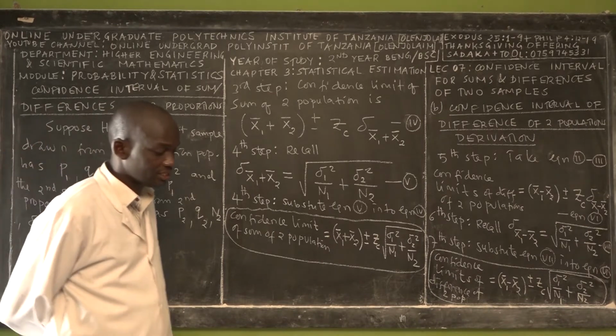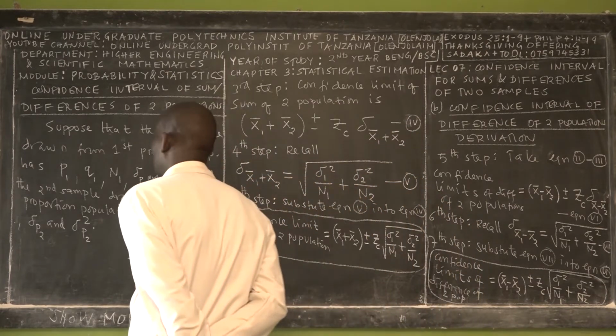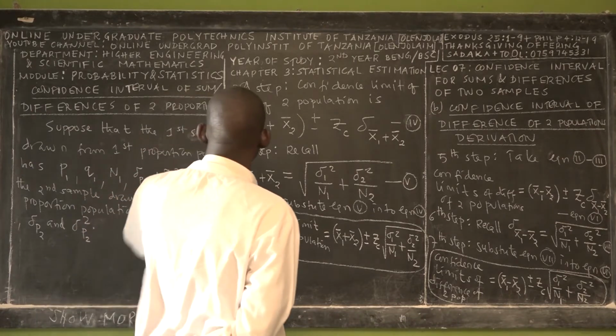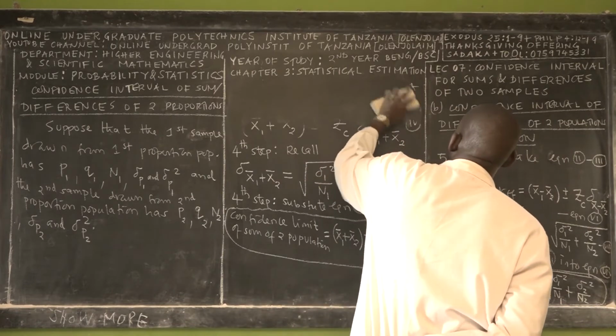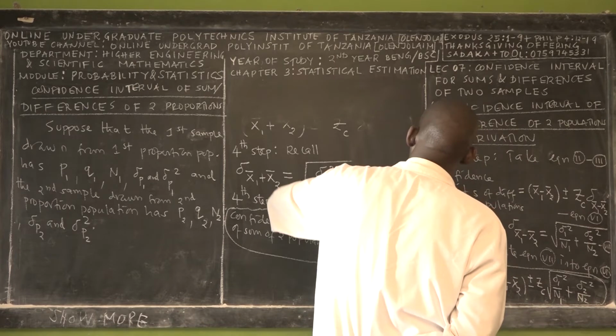If that's the case, now we can focus on the confidence interval of the sum of the two proportions. But remember the general concept, after building this strong foundation in our mindset.